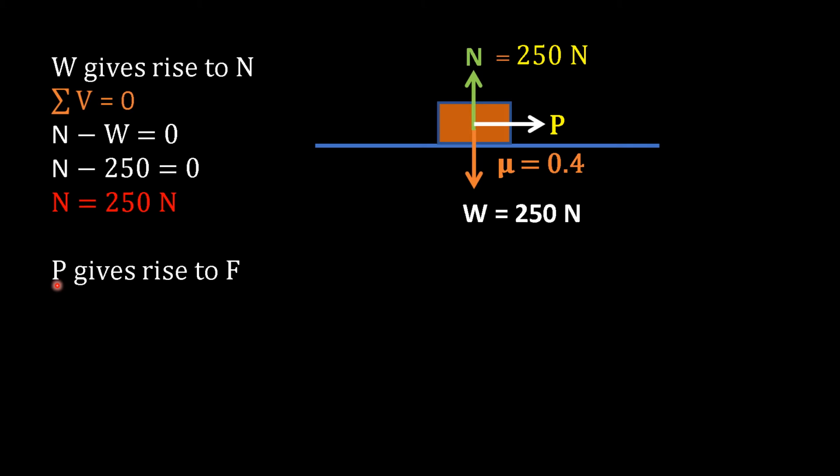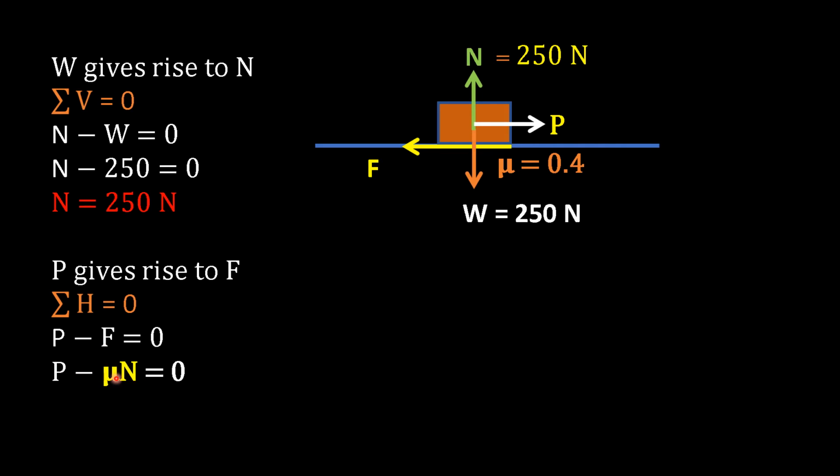External force P gives rise to frictional force F. Summation of horizontal forces equals 0. So P minus F equals 0. P is positive because it is acting rightwards. F is negative because it is acting leftwards.